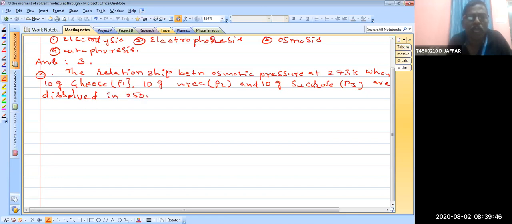Option 1, here P1 is greater than P2 is greater than P3. Second one, P3 is greater than P1 is greater than P2.